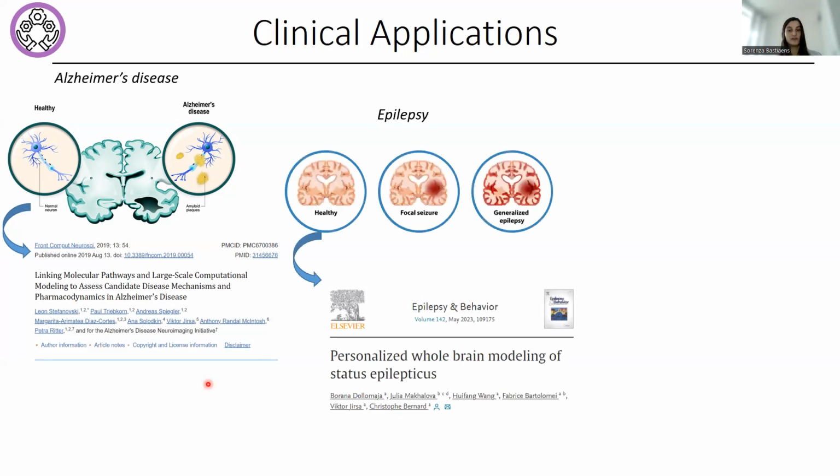It can also be used to study seizure genesis and propagation. And this was also done, so this work by Dolomaj et al. was also done in The Virtual Brain, and they used what is called an epileptic model. And so this can use, for example, data from patients who experience seizures and can be used for pre-surgical evaluation.